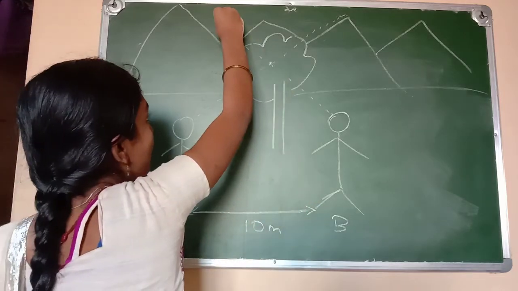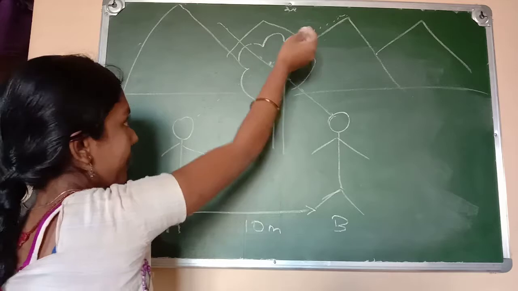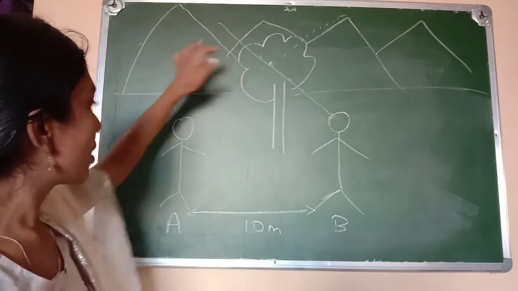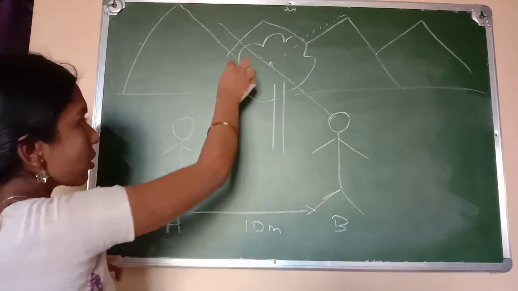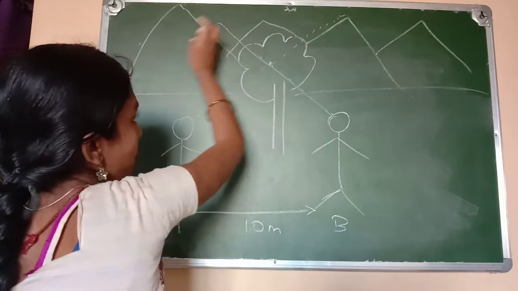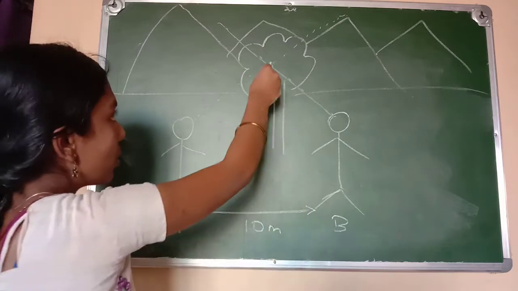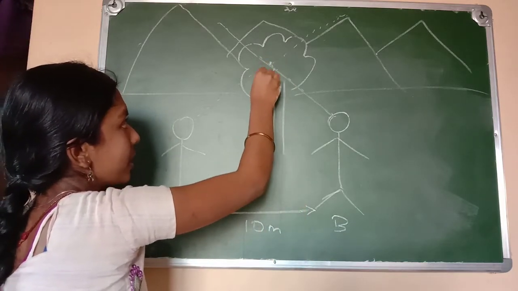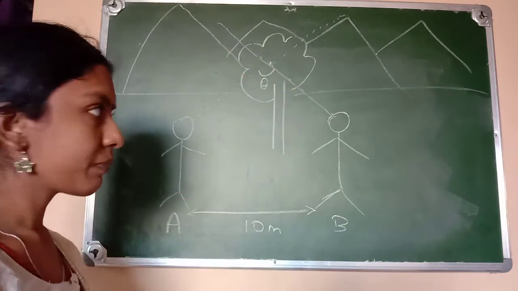So for the person B, let me draw a straight line, and dotted lines for the person A. So this is the line of sight for person B and this for person A. These lines are extended with respect to the mountains in the background of the tree. And so here you can see some angle theta between these two lines of sight.